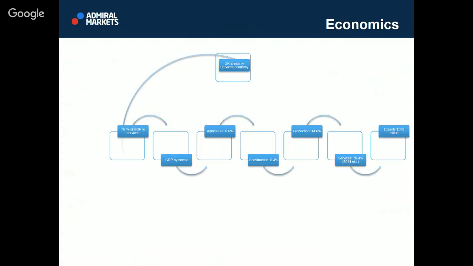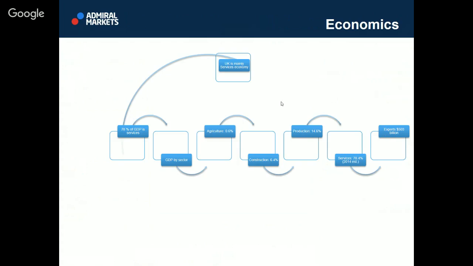Let's start mainly with economics. As you already know, or you may not know, the UK is mainly a services economy. 78% of their GDP is services. This is GDP by sector: agriculture 0.6%, construction 6.4%, production 14%, services by 2014 estimated 78.4%.